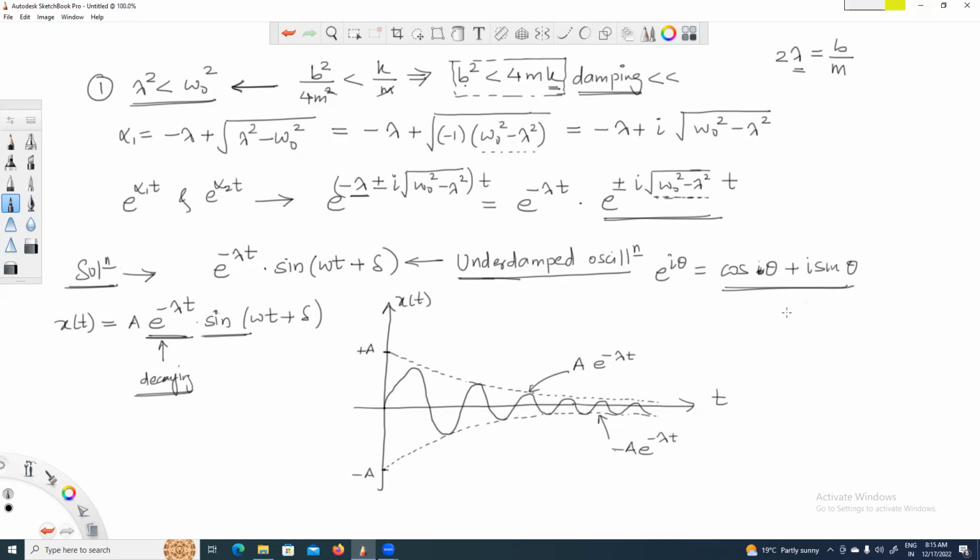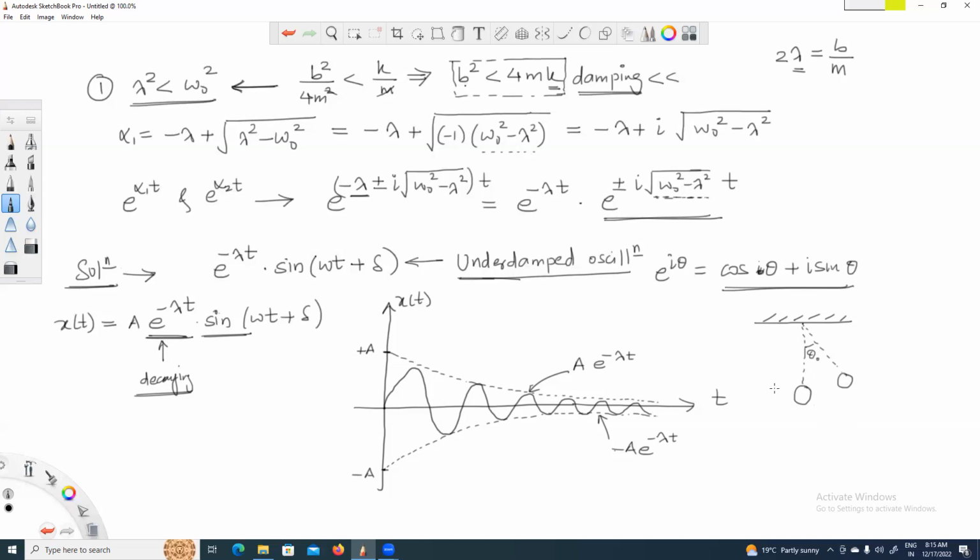So what is the best example of this underdamped oscillation? The best example is the simple pendulum. You know the simple pendulum, right? Here is a bob. If you displace it from the mean stable configuration and release it from a certain small angle theta naught, it will keep oscillating.